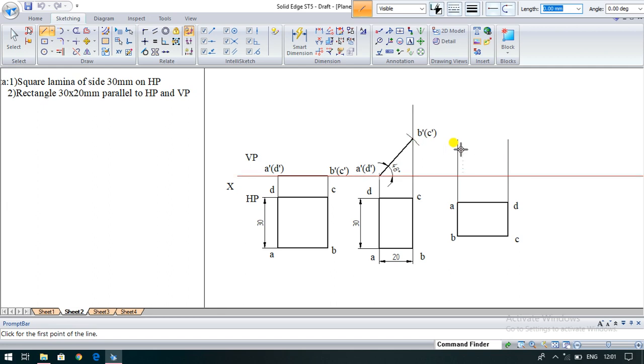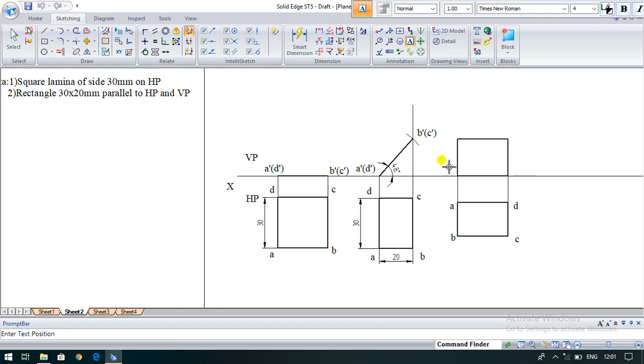So now draw another plane. You get a rectangular plane here. So join all the sides. Okay. So after constructing this one, give the namings for that.